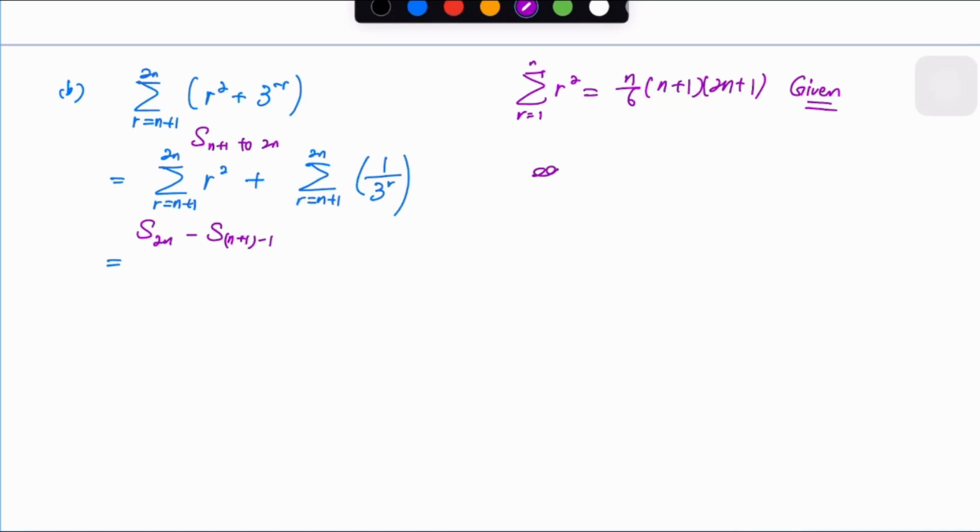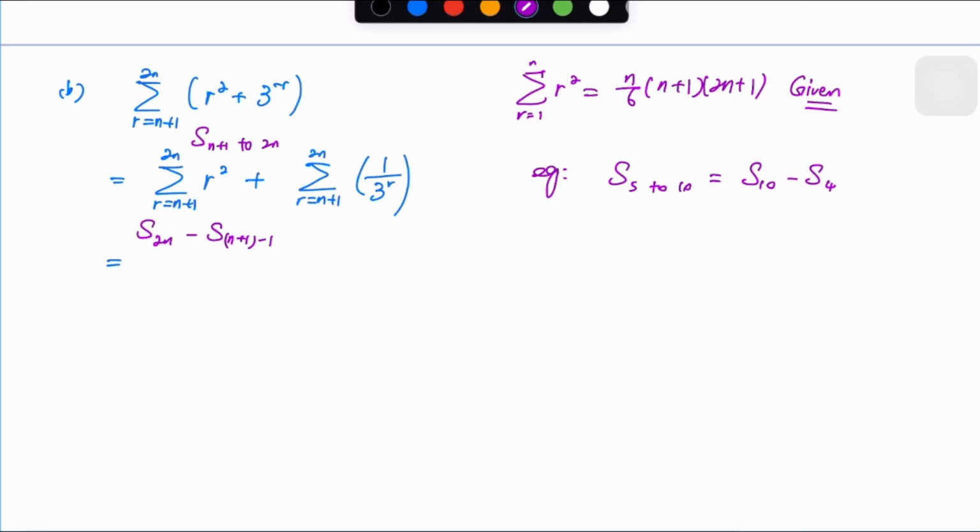Example again: sum from the 5th term to the 10th term. This will be S10 minus S4, because you want to include the 5th term, so you have to take 5 minus 1. In the same way, your n plus 1 over here needs to minus 1.